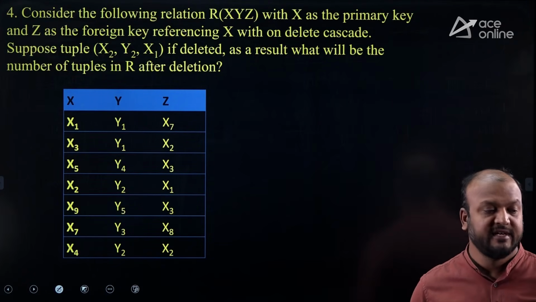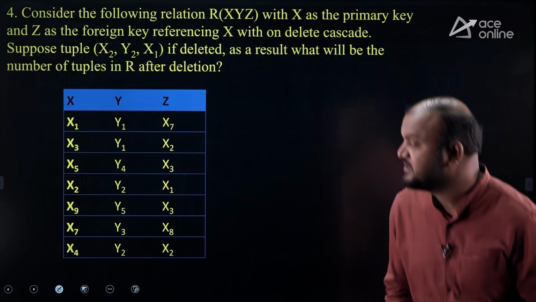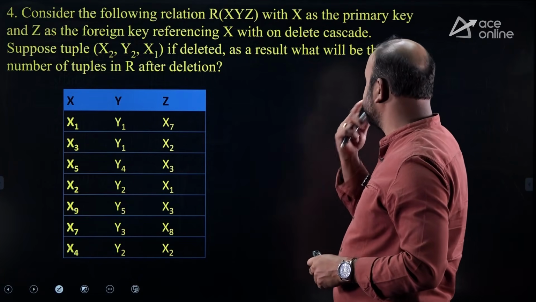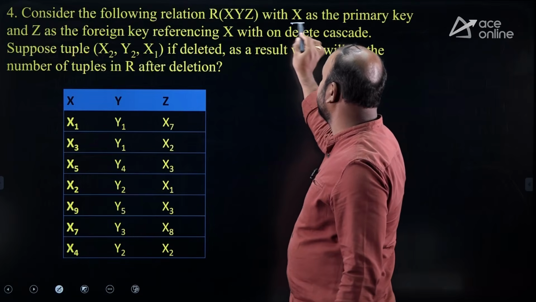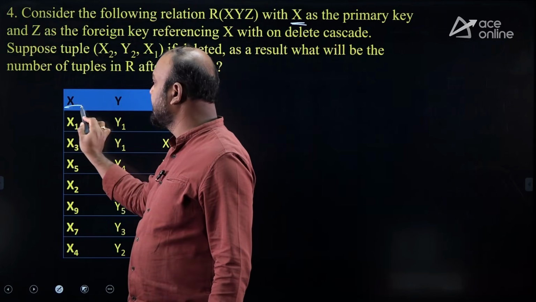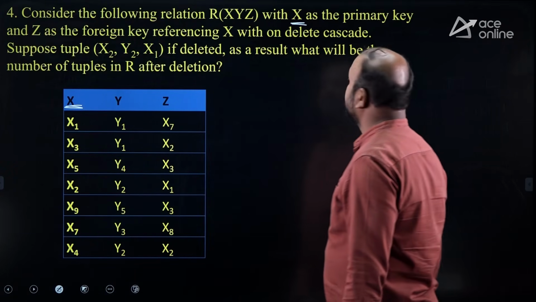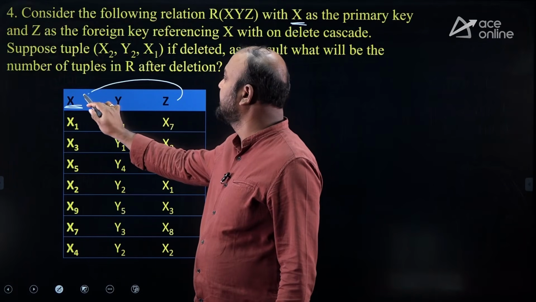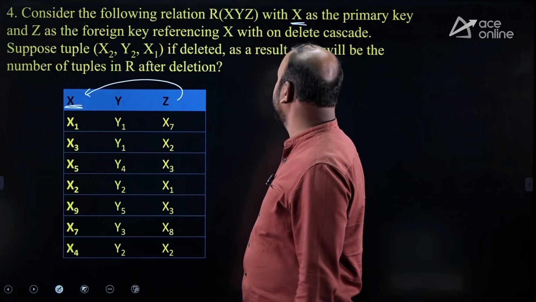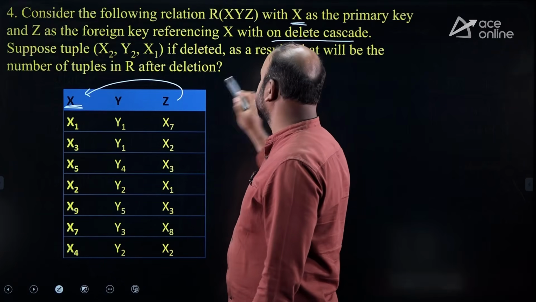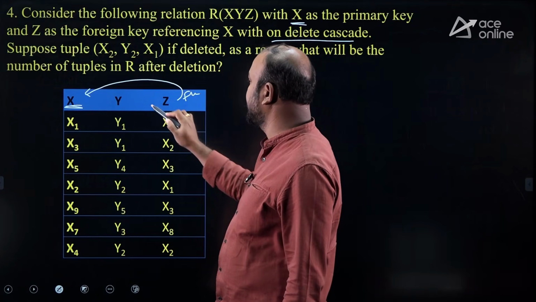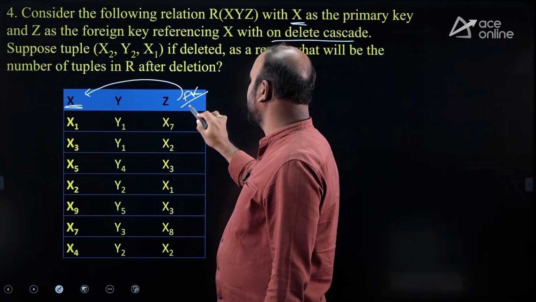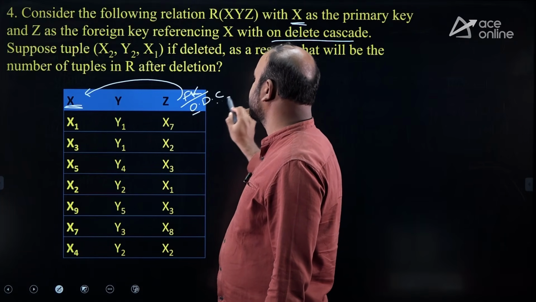Consider the following relation R of x, y, z with x as the primary key and z as the foreign key, z is a foreign key referencing x with on delete cascade. This is a foreign key referring x with on delete cascade.